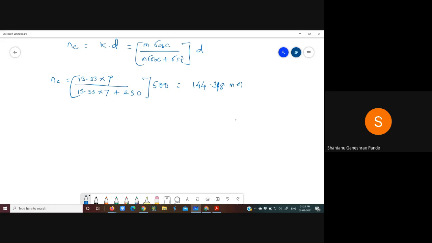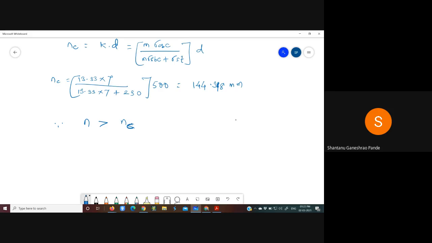So here we will be getting the relation between N and NC. NC value appears to be less than N, so N is greater than NC. What type of cross section will this be, under reinforced or over reinforced?